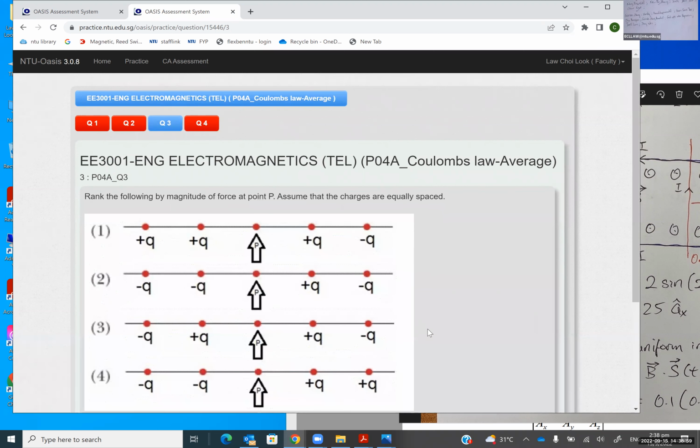This one, rank the magnitude of force on P. P is this middle point, okay? You want the force. Basically, you need to know, because there are 4 other charges, right? 2 from the left, 2 on the right.